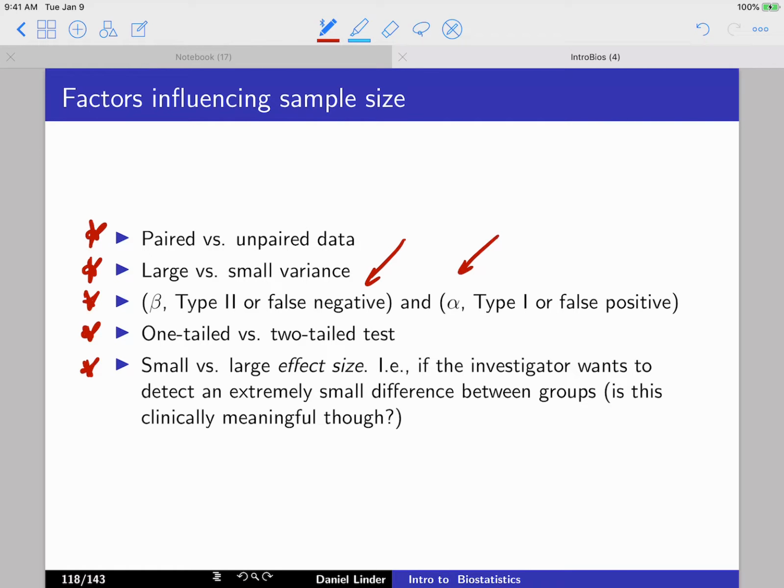If you're trying to detect, as in the previous example, a 5% difference, that's going to require many more subjects than if you expect the difference between your two groups is, say, 20%. A 20% difference in the occurrence of an event between two groups will be much easier to detect with a lower number of observations.